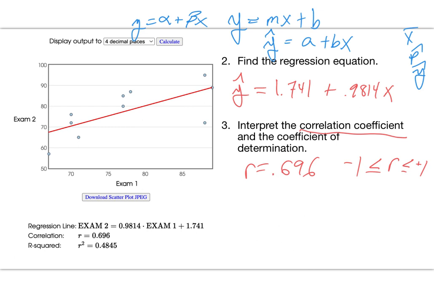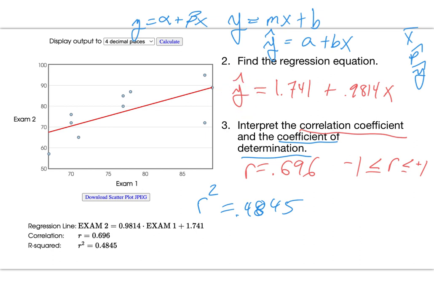The coefficient of determination is R squared. And in this case, it's 0.4845. The coefficient of determination explains to us how this equation predicts this value.